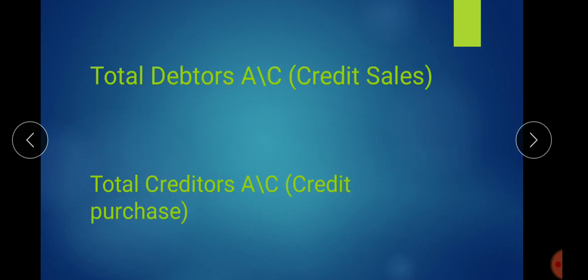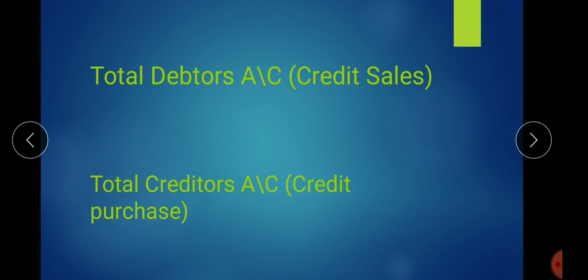total debtors account and total creditors account. It may become necessary to prepare a cash book to find out the missing items such as cash purchases, cash sales, etc. By preparing the total debtors account and total creditors account, total debtors means credit sales and total creditors means credit purchases can be ascertained.